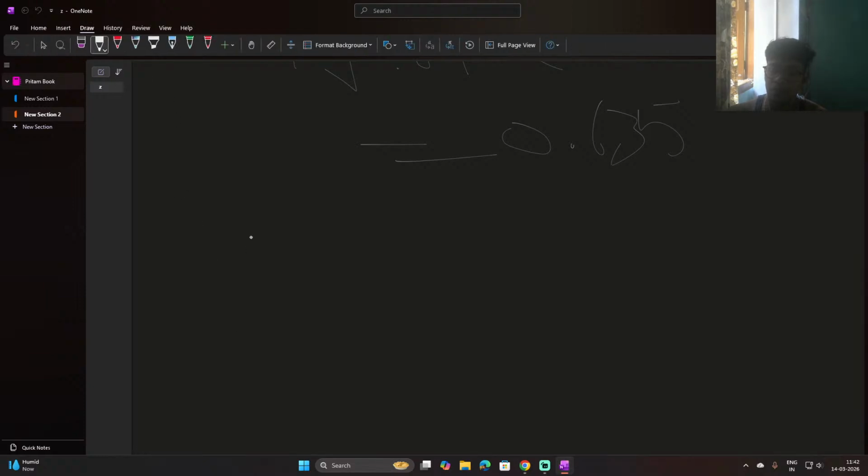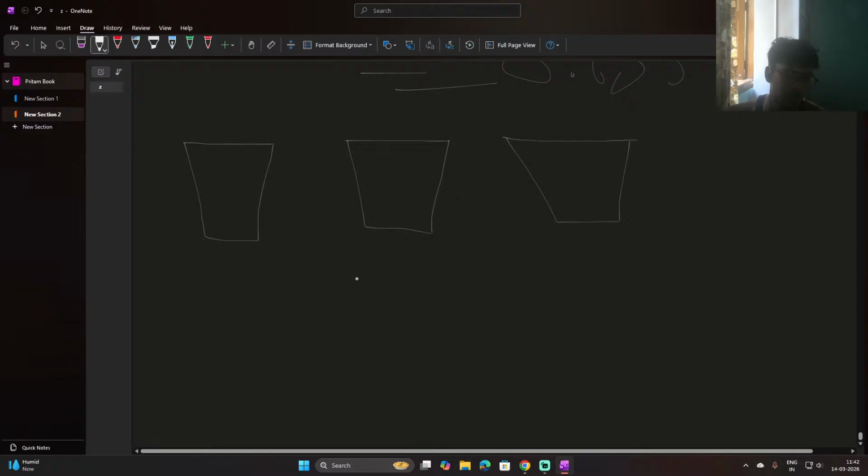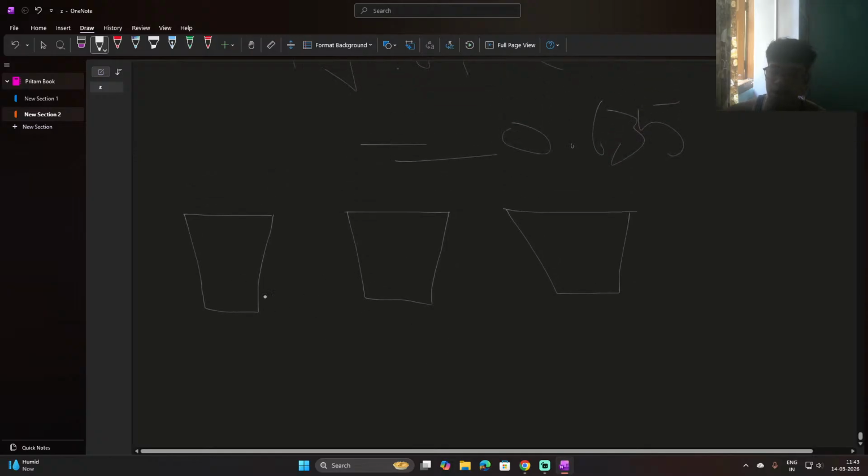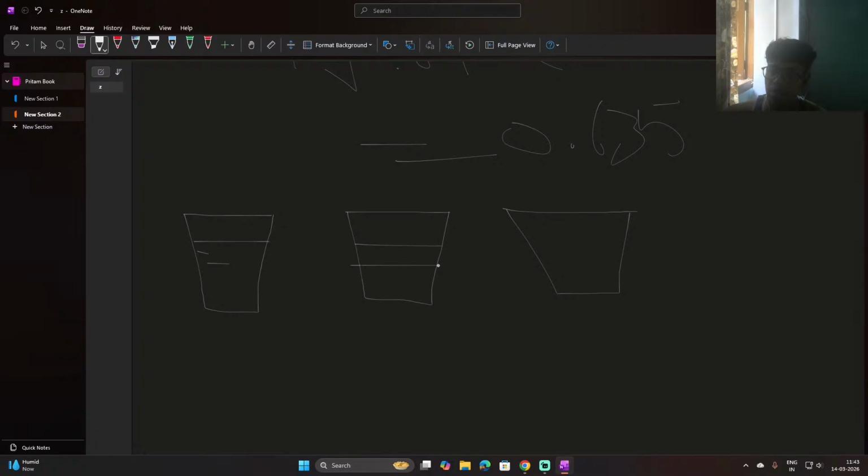It's showing, so they are basically saying that three glasses. I'm drawing here, sorry for the inconvenient drawing, but just have to understand it. So three glasses, so one is water, three glasses of water here.